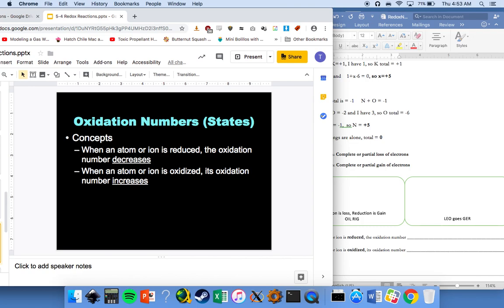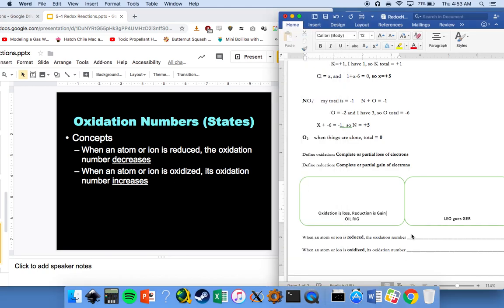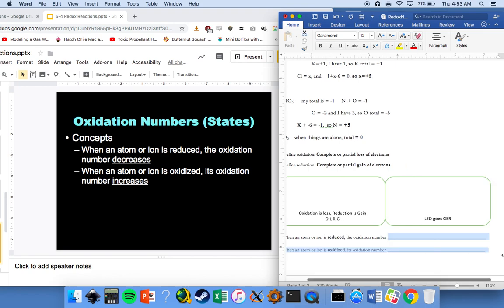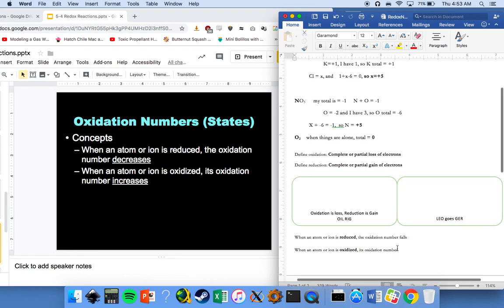If I gain electrons, reduction is gain, I gain more negatives. So if a number is reduced, it drops, and if it's oxidized, it rises.